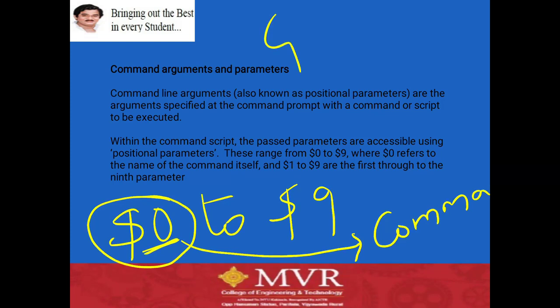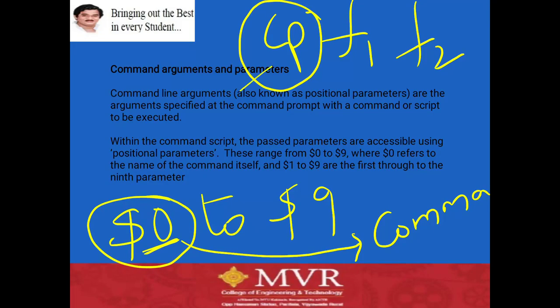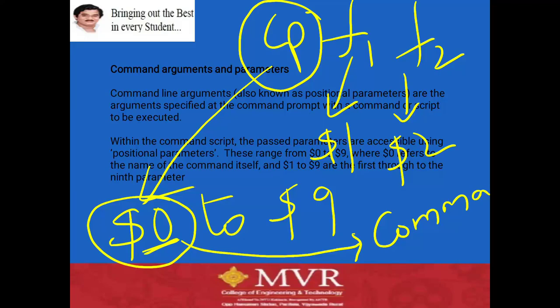So as I said, for example, I am using cp f1 f2. That means this cp command is stored in $0. Then f1 will be stored in $1 and f2 will be stored in $2. And if there is anything else, those will be stored in $3, $4, and so on up to $9.